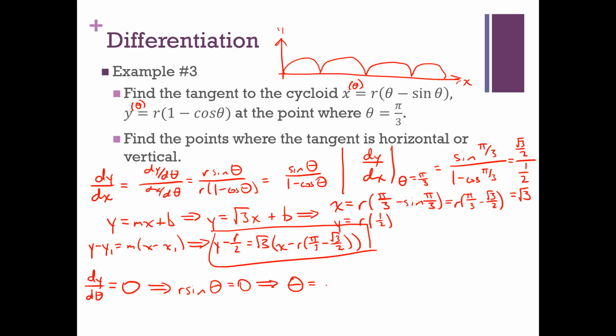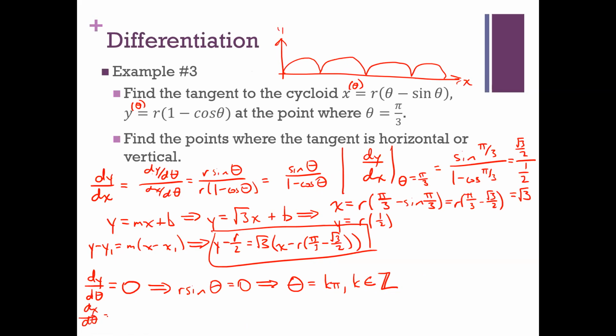Sine is 0 at 0 and pi, so it's going to be any multiple of pi, right? So I'll say theta equals k pi, where k is, have we seen this symbol before? That means the set of all integers. So as long as k is an integer, basically any integer multiple of pi is going to give you that.